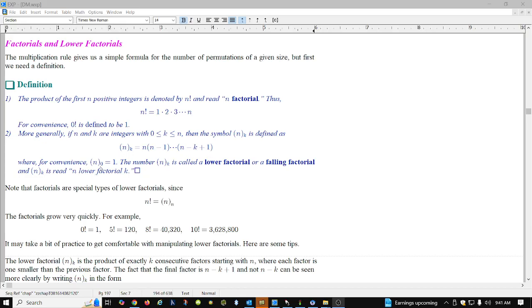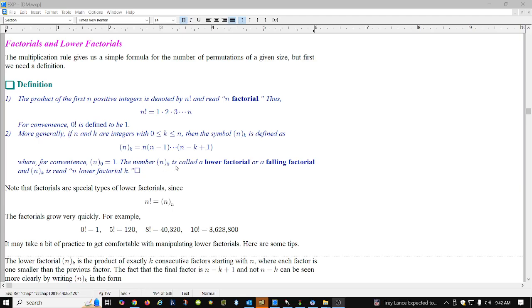Where again, for convenience in formulas, when k is 0, it wouldn't make any sense here because you'd have n plus 1, but these numbers are supposed to be descending. So we just define that to be 1.